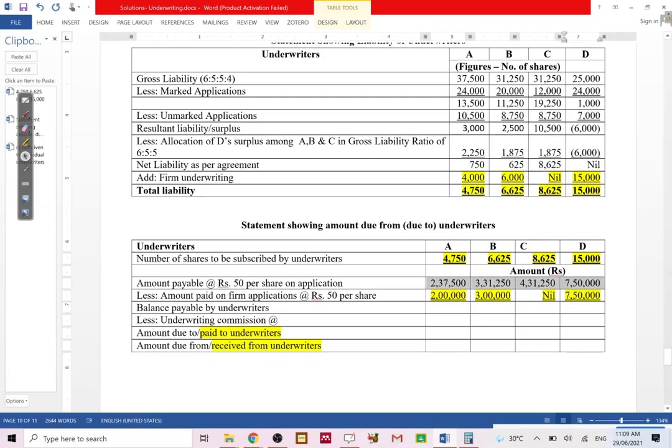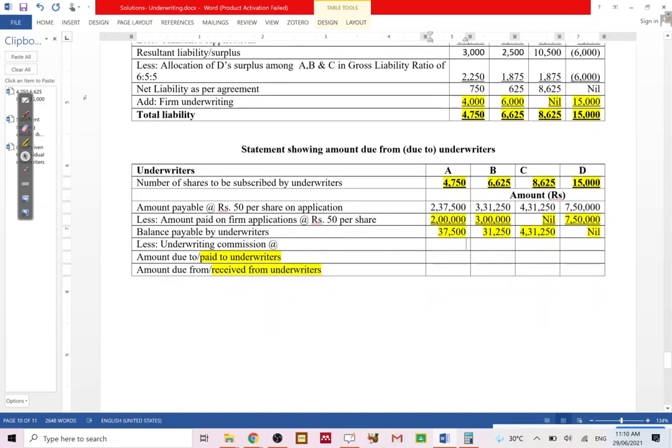So if they were supposed to pay this much for the shares, they have already paid this much because they took firm underwriting shares. Now how much is still payable? A is yet to pay 37,500. B is yet to pay 31,250. C is yet to pay the full amount, 4,31,250, because he has not purchased any firm underwriting, and D doesn't have to pay anything because he already purchased his firm underwriting shares. That was his total liability.